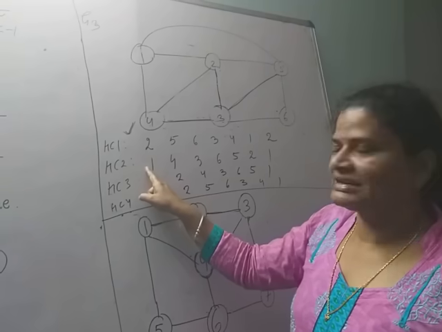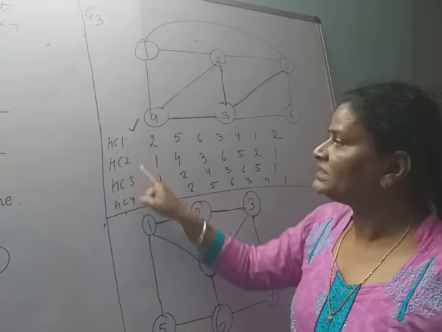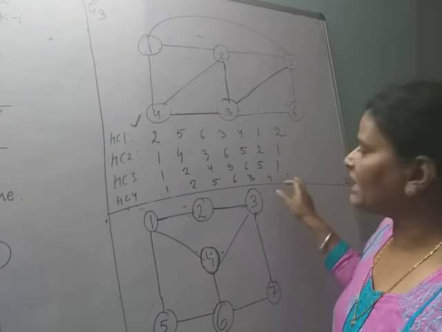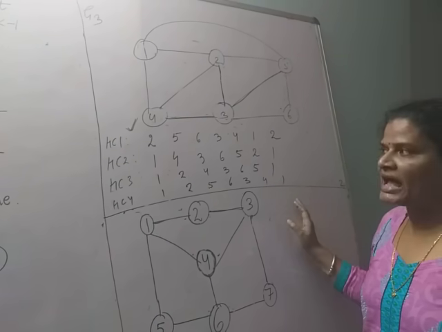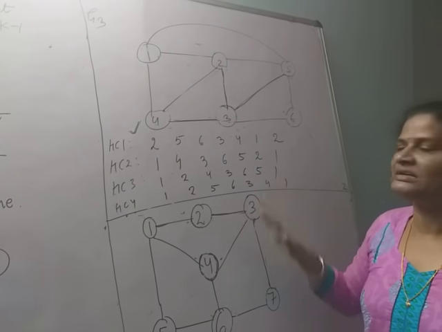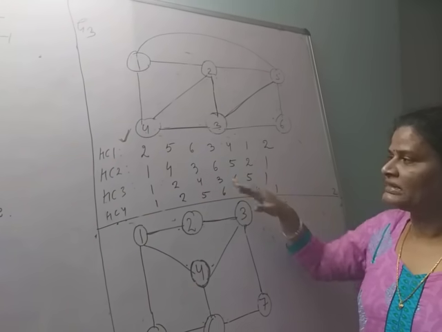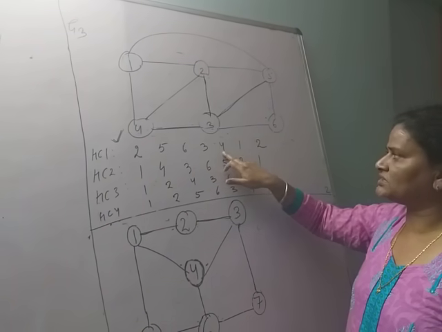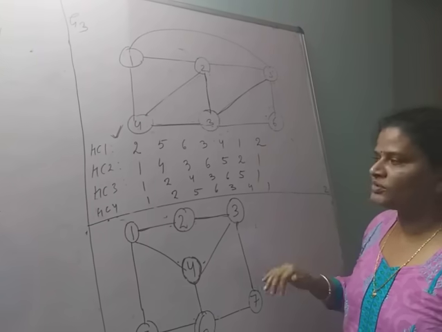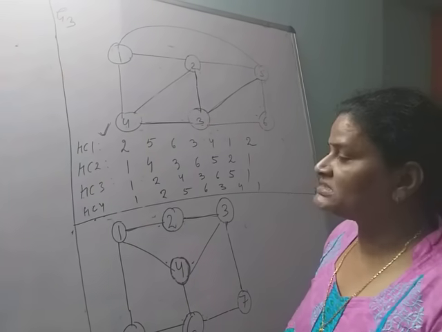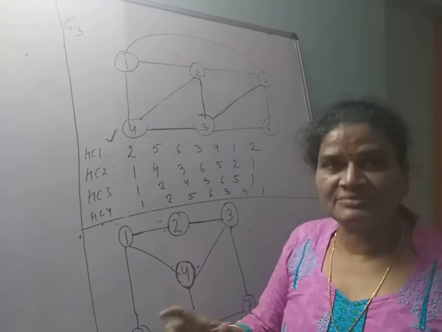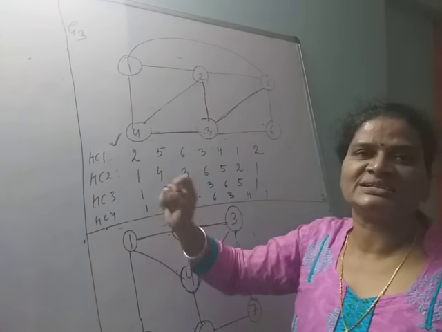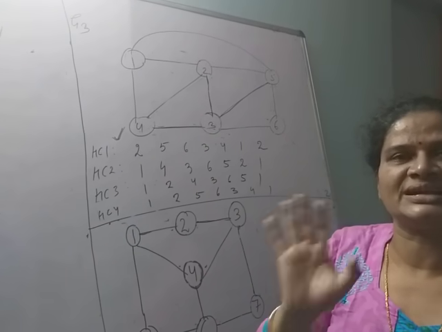Here this cycle is different and this cycle is different, but HC1 and the fourth one are both the same. So we have to avoid generating the same cycle: 2 to 5, 5 to 6, 6 to 3, 3 to 4, 4 to 1, 1 to 2. To avoid generating the same cycle again, we take the condition that our cycle always starts from the fixed vertex 1.